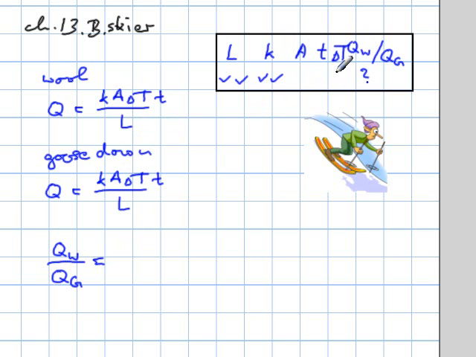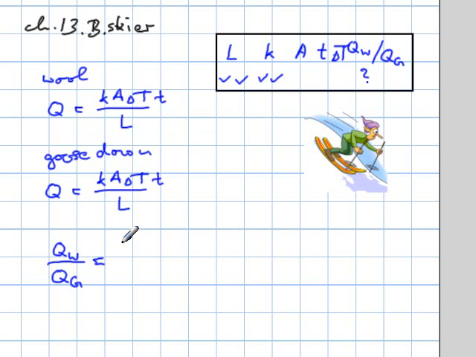There we go. So none of these is given, but they're saying that the A, the delta T, and the T are the same for either one of them. So when we determine the ratio between the two, they all divide out. And then what happens is that we have a ratio of the heat conductivities and the thicknesses because they were different from one to the other.